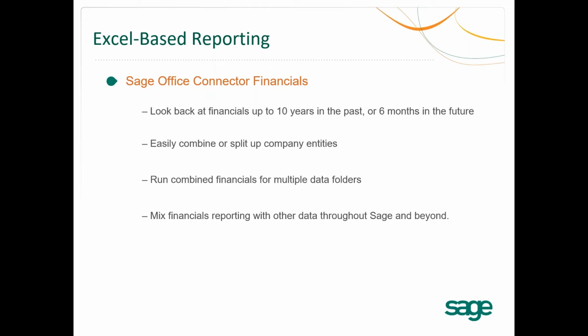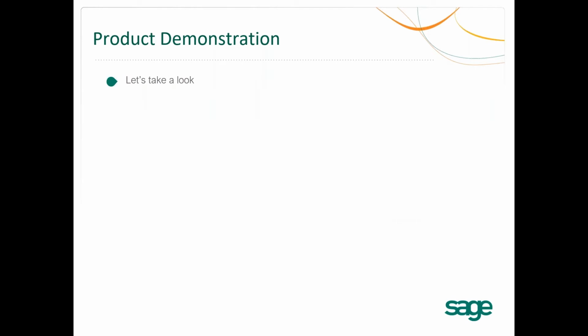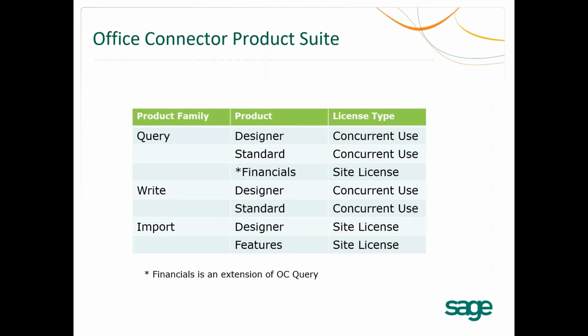There's a lot that you can do, and Office Center Financials takes where the legacy financials is functional. It's very good, but we take it to that next level and are able to do things like looking back over 10 years and even doing financials for future months, which is useful at this time of the year.